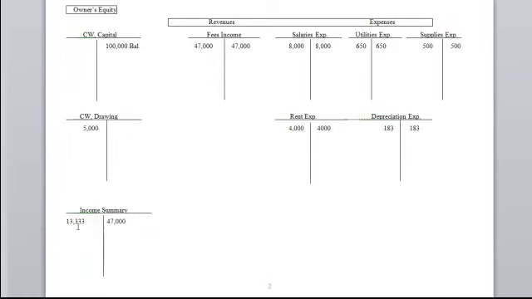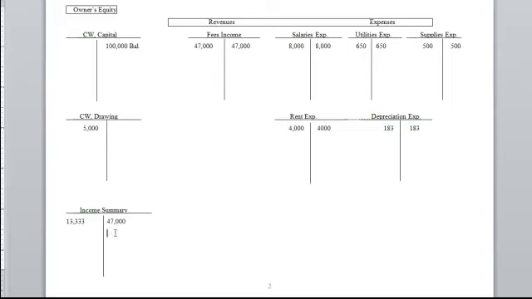What I have to do is figure out what is the balance in income summary. I've got a $13,333 debit and a $47,000 credit. So I subtract the two numbers, and the larger side is the credit side. So I have a $33,667 balance in income summary.